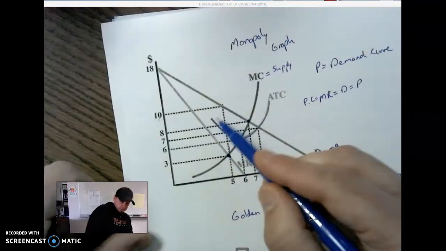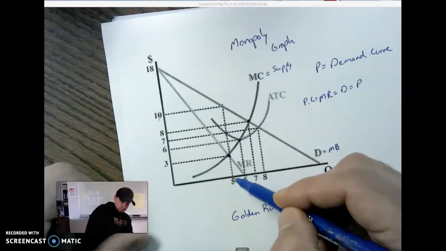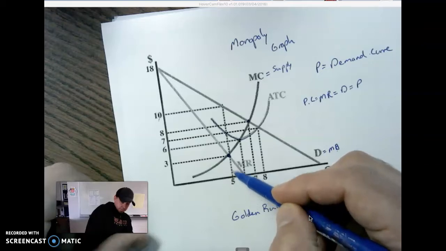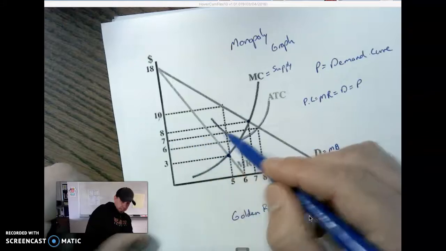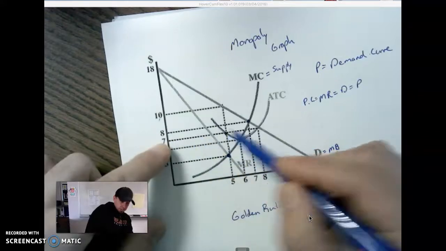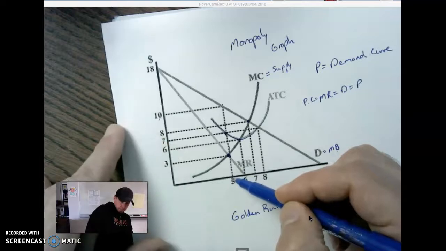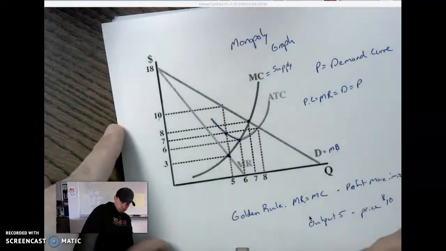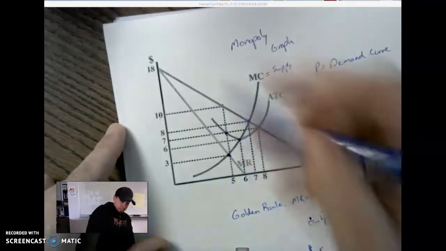Where these intersect is going to be your low point. So here's our average total cost curve. This is the cost we have on average. If we take our 5 units, we come up and hit the average total cost curve, we come over, it's at 7. So our average cost per unit is 7. 5 times 7, our total cost there is 35. Now, the price that we can sell at is 10.